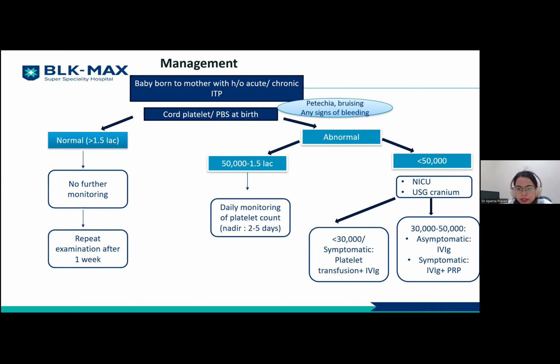If the platelet count is less than 30,000, or if the baby is symptomatic, we can always give the platelet transfusion first, followed by the IVIG. So there is only one scenario: if the platelet count is less than 30,000, although the baby is asymptomatic, we have to give the platelet transfusion first, followed by the IVIG. If the platelet count is between 50,000 and 1.5 lakhs, daily monitoring of platelet count is required until the nadir at 2 to 5 days.